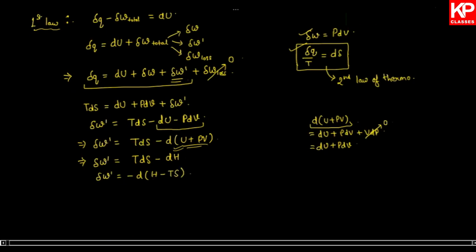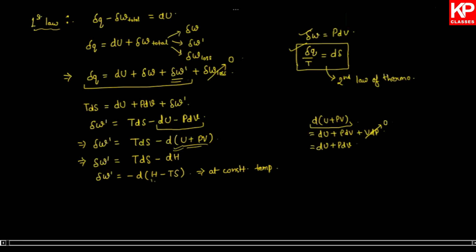If you have any confusion, you can directly open this differential term, and you will find that it is giving you the same expression because it is at constant temperature. Since the system is taken at constant temperature, the part where SDT will be coming will be neglected, and you can directly write TDS minus DH as differential of H minus TS, right?